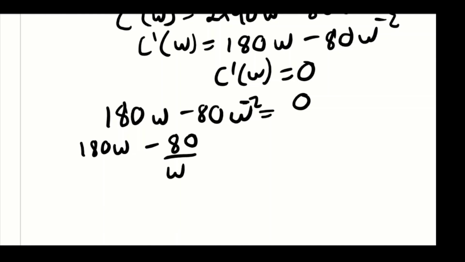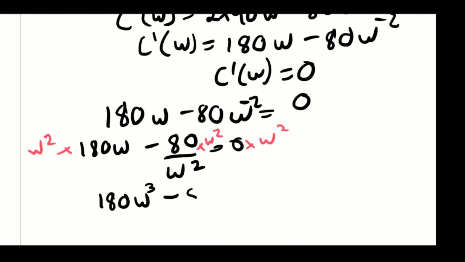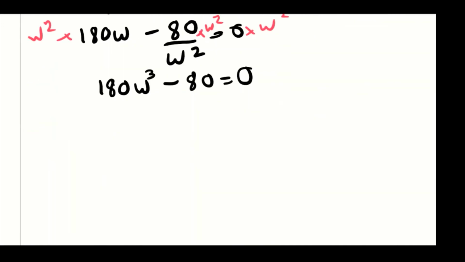So this is negative, by the way, equals 0, so this is squared. And then we remove the W squared by multiplying all sides, and then we have 180W to the power 3 minus 80 equals 0, so 180W to the power of 3 equals 80.